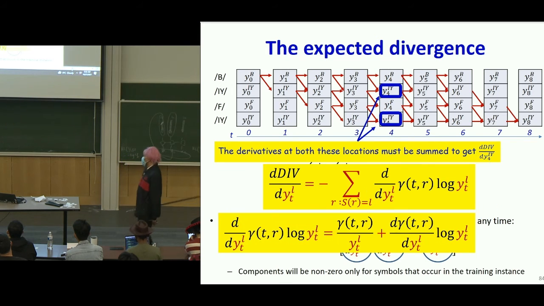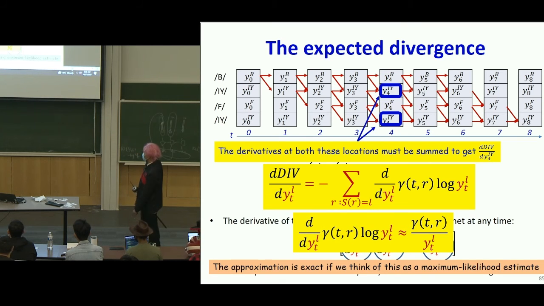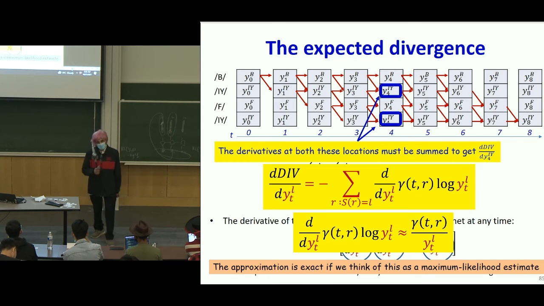Anyway, so here's the crazy bit. This term is really ugly to compute. So we do what engineers do. We throw it away. And we say, I'm just going to use this first term, and I'm going to come up with a crazy explanation for why it's okay to do so. And I'll say, you know what, I'm not learning anything discriminative, I'm performing maximum likelihood estimation. And that works.